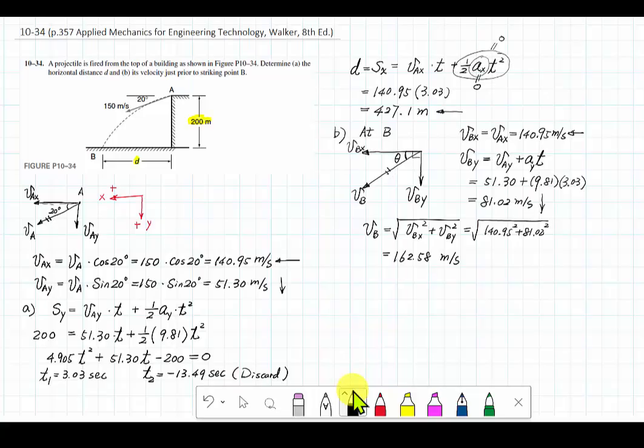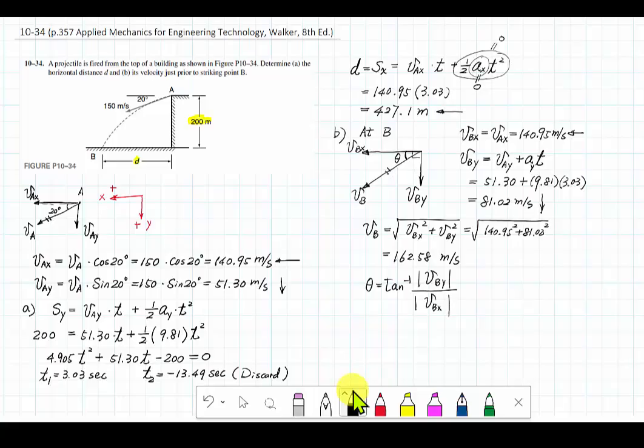And then we need to find out theta before we draw the conclusion. So tan inverse, right? We have VBY, which is just the magnitude, and VBX, just the magnitude.